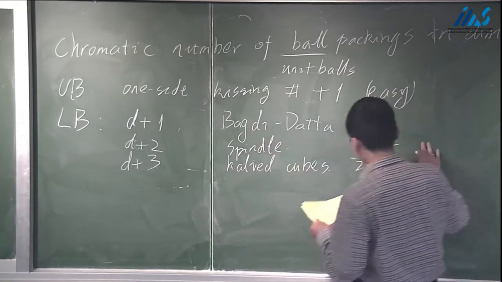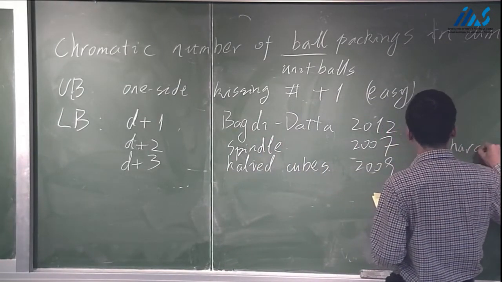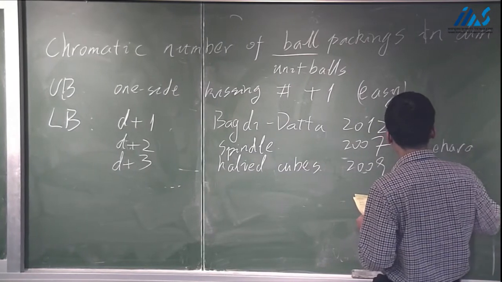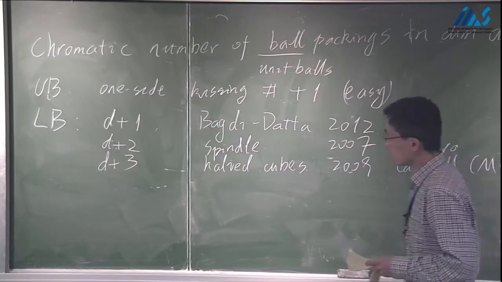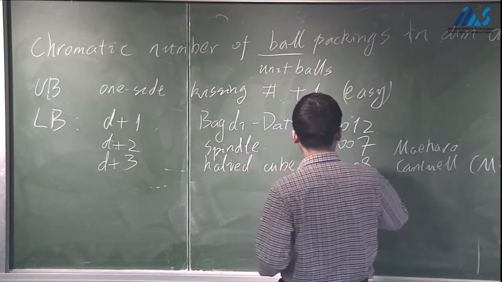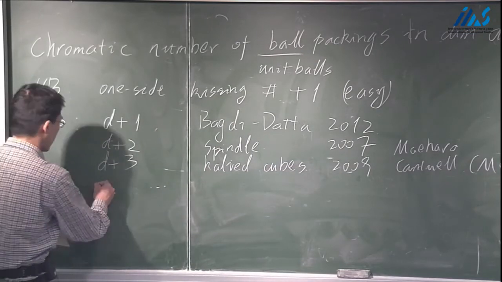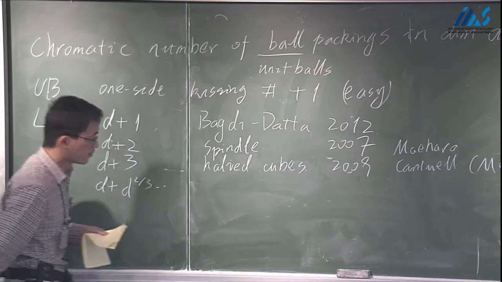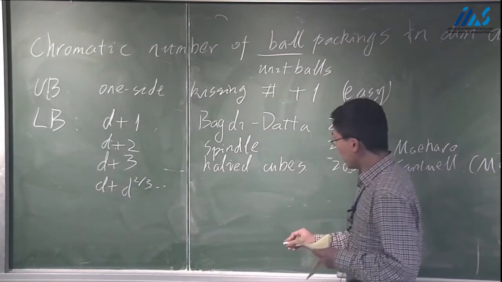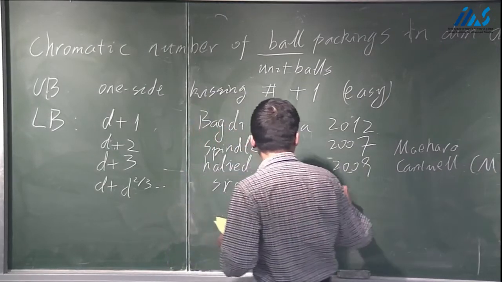This one is by Maillard, and this one is by Cantwell on mass overflow. So this is in 2009, and I believe the current bound should be this, by strongly regular graphs.